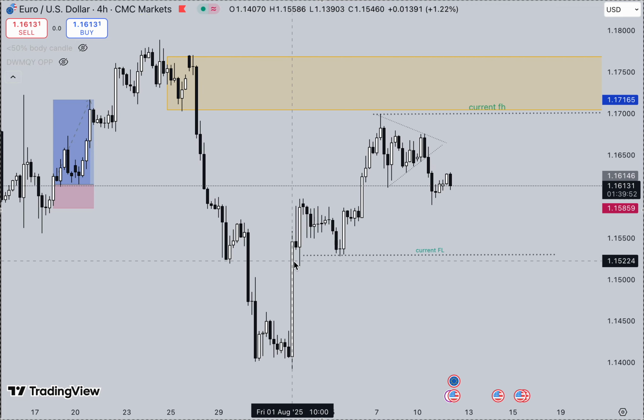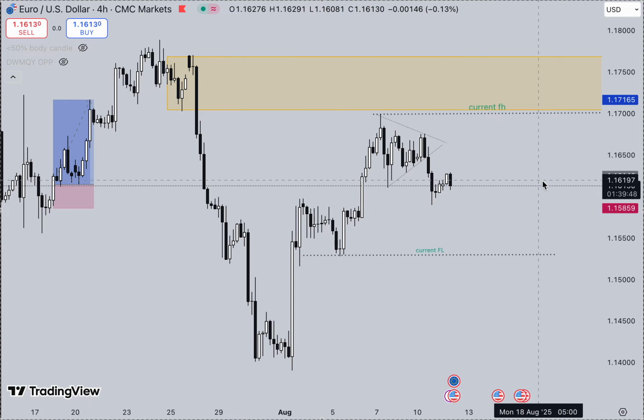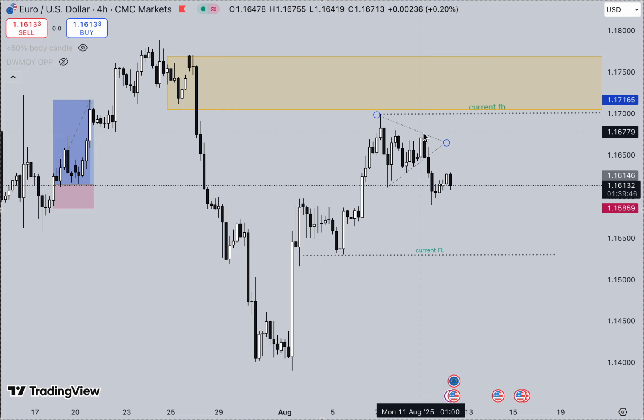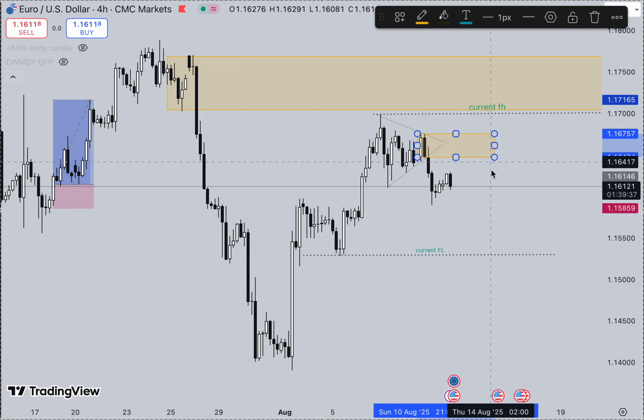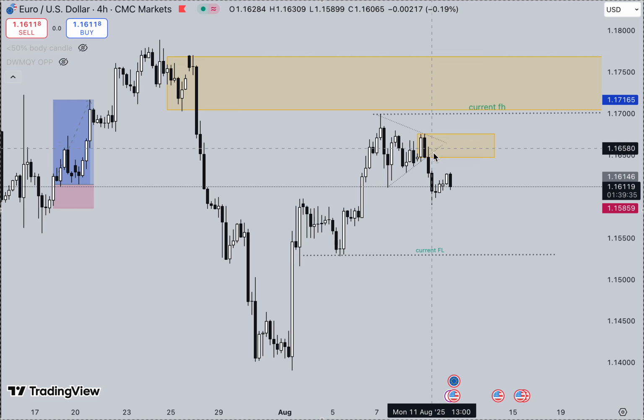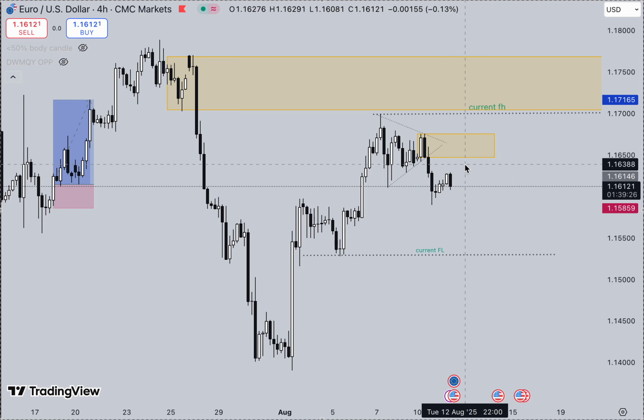So we'll come and take out this liquidity perhaps, or right now we can use this as supply, which pushed the market down and broke structure. So this push up, then push down again, and then come out, take out these highs, react to this supply, and then we sell off from here.